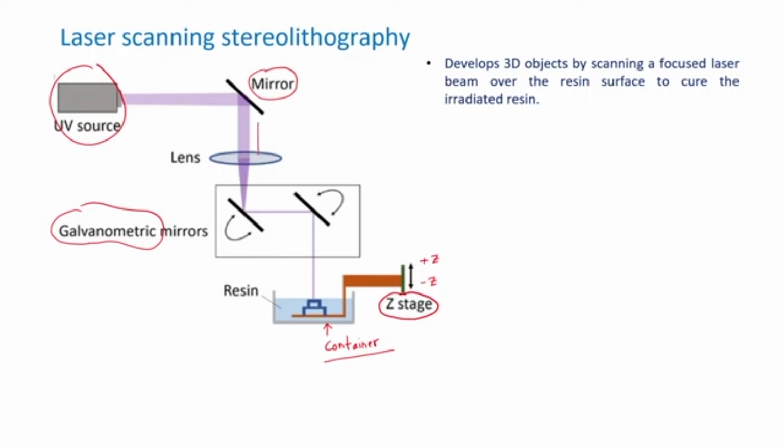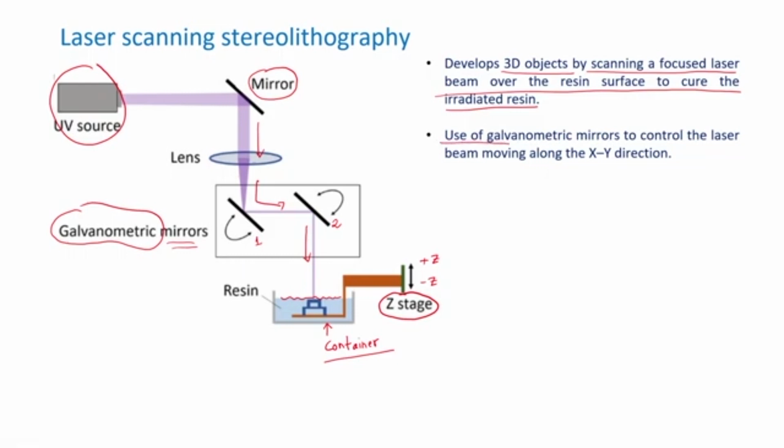By the required rotation of these mirrors, we can maneuver the laser over the surface. Any point on this surface can be reached by the relative motion between galvanometric mirror number 1 and mirror number 2. In this way we can develop 3D objects by scanning a focused laser beam over the resin surface to cure the irradiated resin.